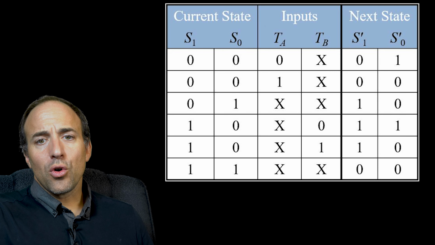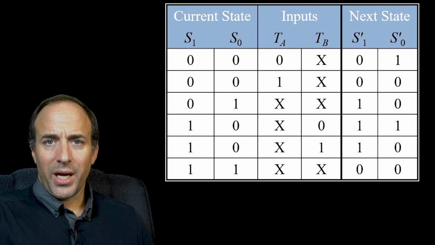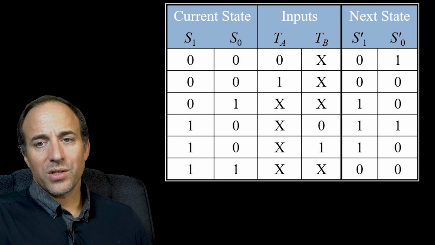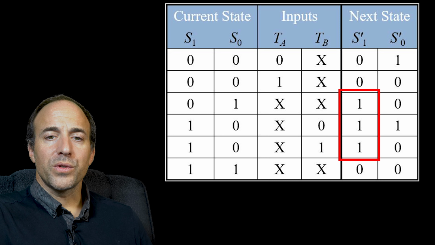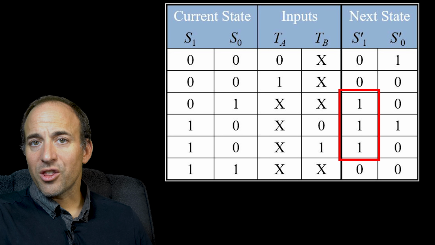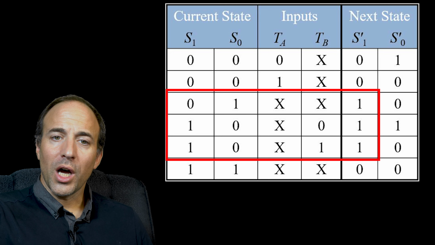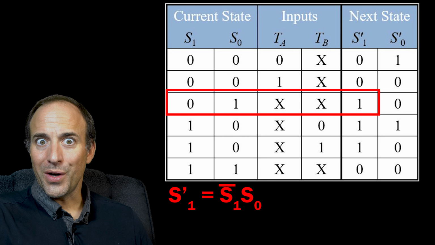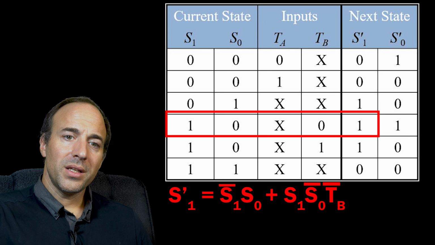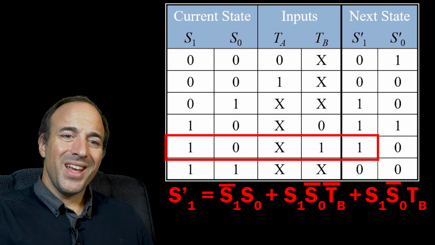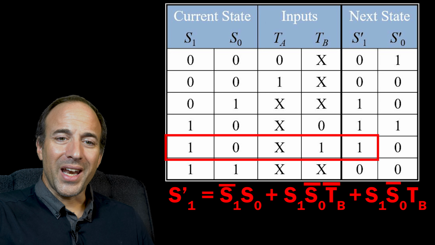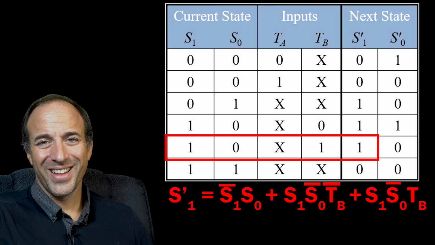Remember that you can ignore input entries that are don't cares. So in this case, S prime sub 1 is true on rows covering 3 implicates: not S sub 1, S sub 0; S sub 1, not S sub 0, not TB; and S sub 1, not S sub 0, TB.